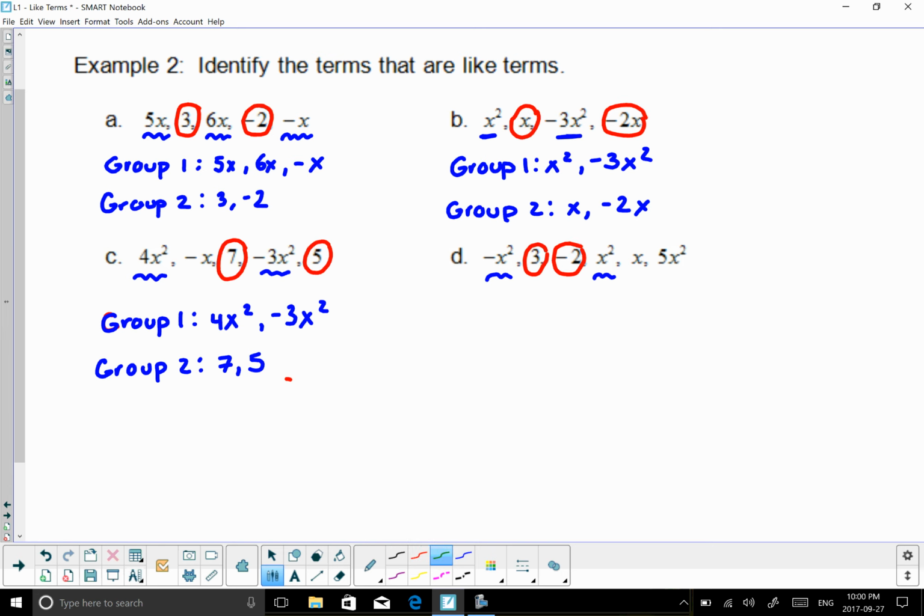And lastly, there's nothing to go with the x, but I did miss this 5x squared. That goes with that category. So this x, there's nothing that's like it because there's no other x on its own without it being a squared. So I'm going to put them in groups again.